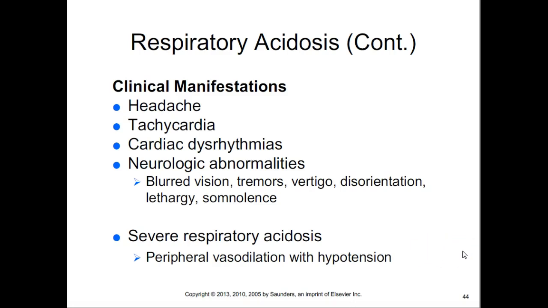Some clinical manifestations again: headache, tachycardia, cardiac dysrhythmia, neurological abnormalities including blurred vision, tremors, vertigo, disorientation, lethargy, somnolence. In severe respiratory acidosis, you'll see peripheral vasodilation with hypotension.